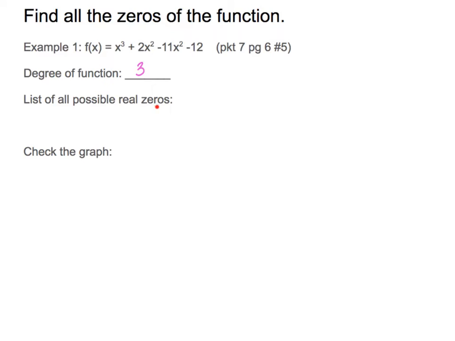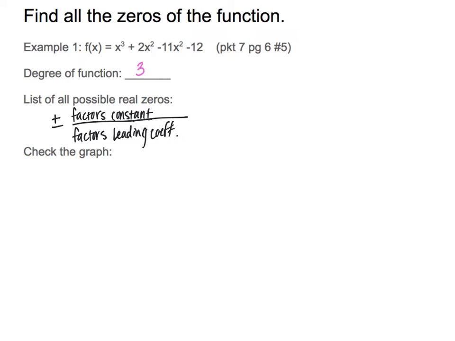If you remember, what we had to do is write the factors of the constant, that n number usually on the function, and the factors of the leading coefficient. So let's go ahead and do that.